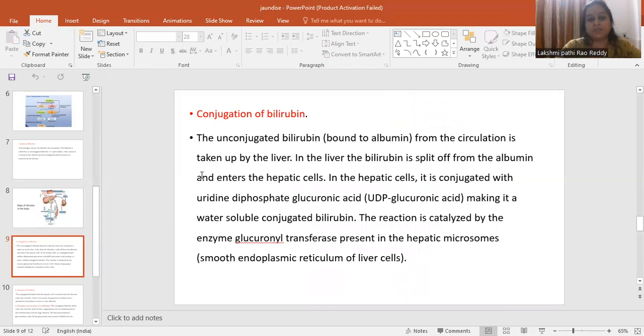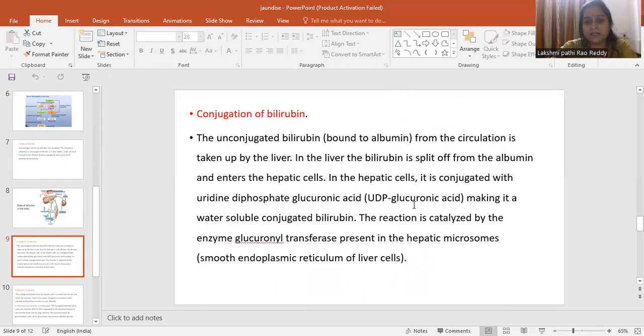Now we'll see what is conjugation of bilirubin. The unconjugated bilirubin from the circulation is taken up by the liver, as we have seen in the diagram. In the liver, the bilirubin splits from the albumin and enters the hepatic cell.